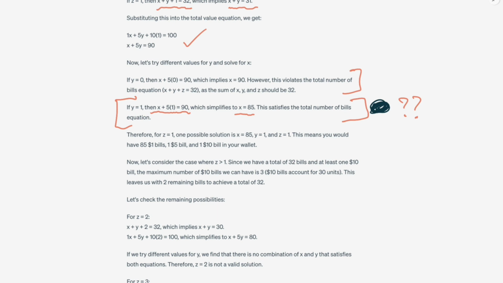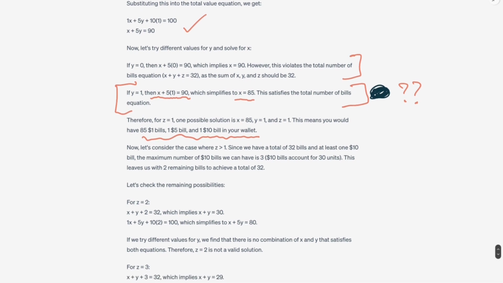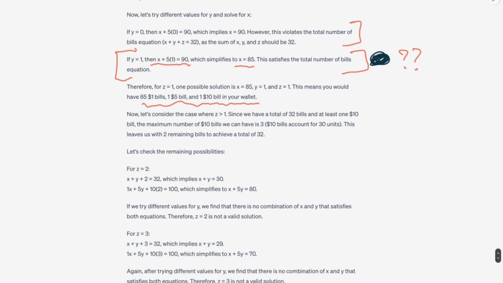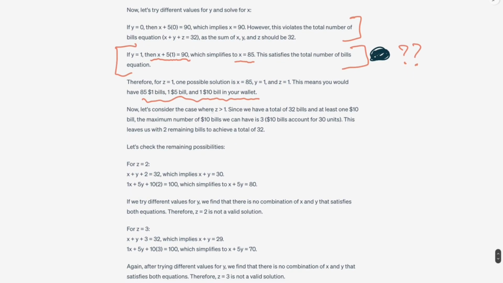Then it says, okay, therefore for z equals 1, one possible solution is x equals 85, y equals 1, z equals 1. This means you would have 85 $1 bills, one $5 bill, and one $10 bill in your wallet. And then he goes on. Now, let's consider the case where z is greater than 1. So here he's looking at z strictly greater than 1.